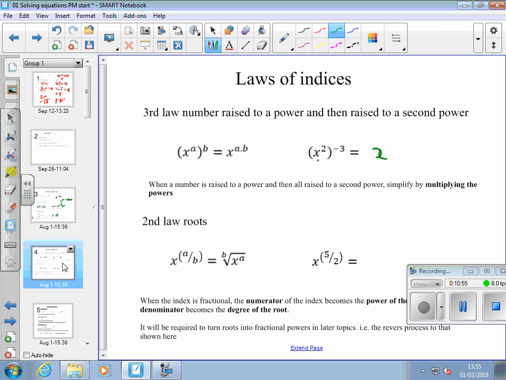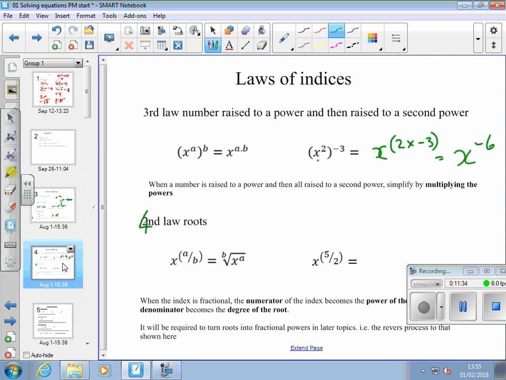That's equal to, I'm going to write that out in full this time, x to the 2 times minus 3, which is x to the minus 6. Multiply together a positive number and a negative, you get a negative result. Two similar signs, positive result. So when we have a number raised to a power, all raised to a second power, we simplify by multiplying the powers.